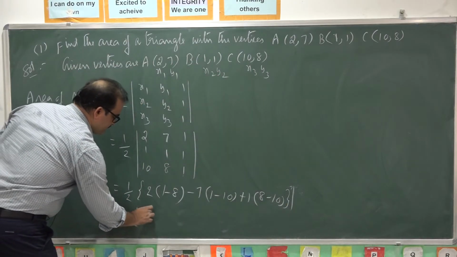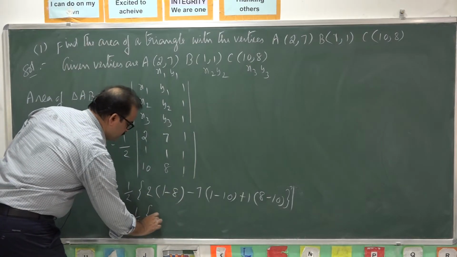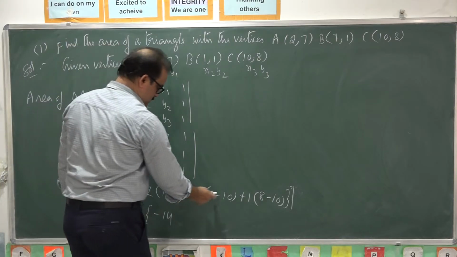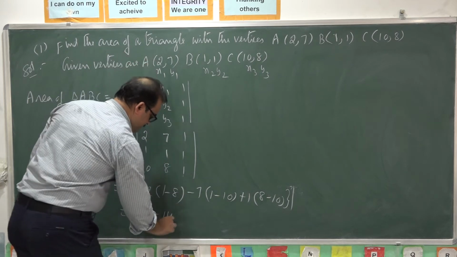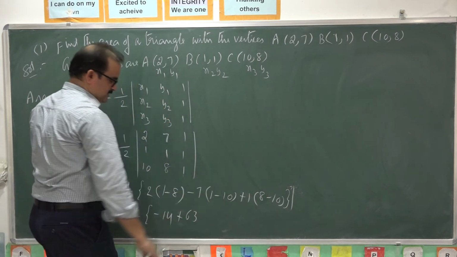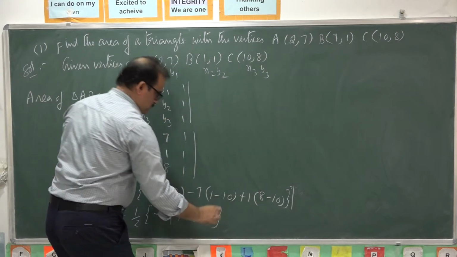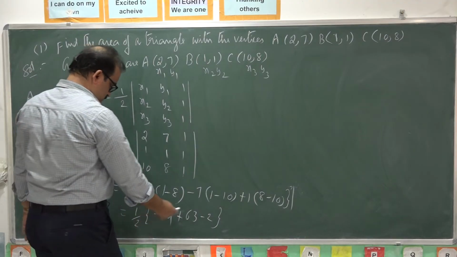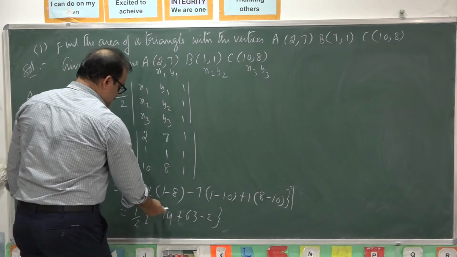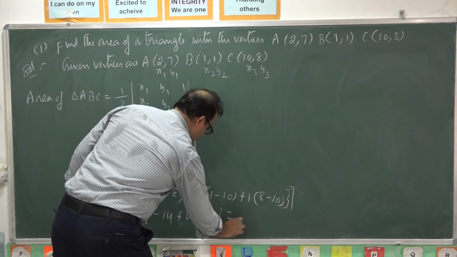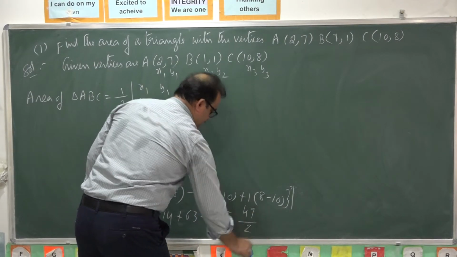1/2 into 2 into (1 minus 8) minus 7 into (2 minus 14)... that is, 1 minus 10 is minus 9, into minus 7, gives plus 63, plus 8 minus 10 is minus 2. 63 minus 2 is 61, 61 minus 14 is 47. So 47 by 2.